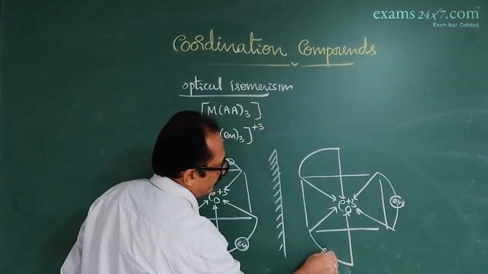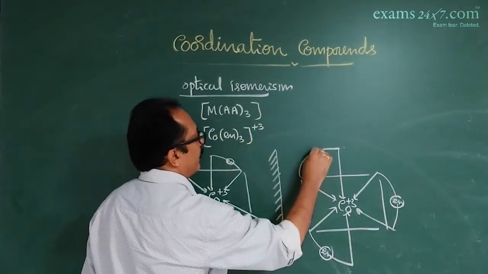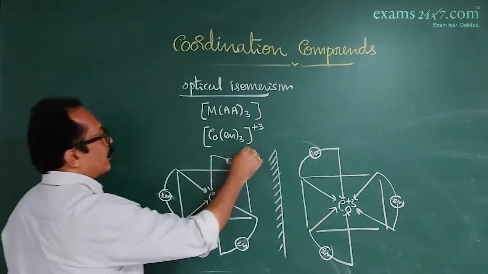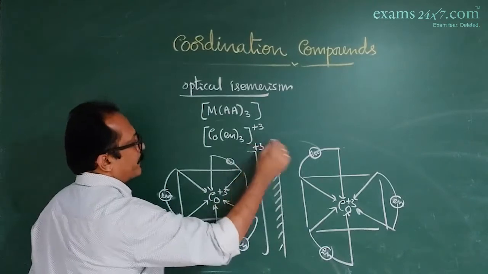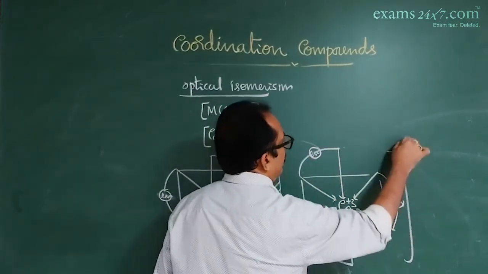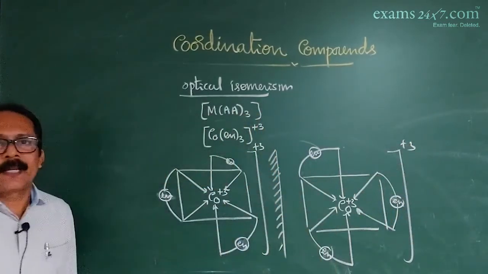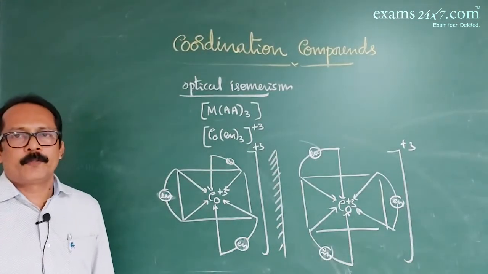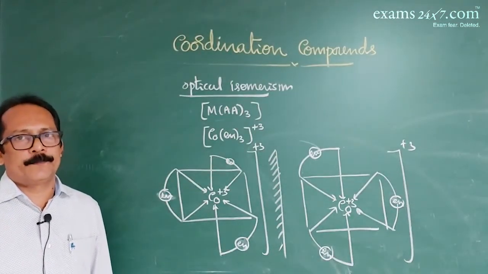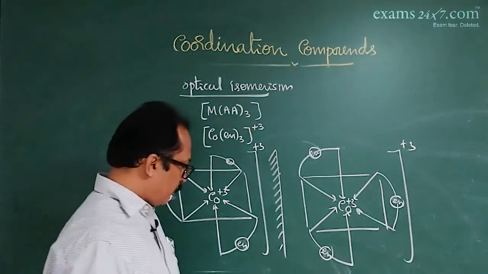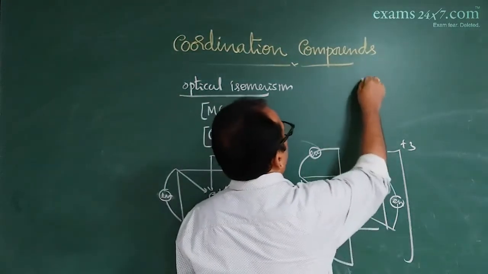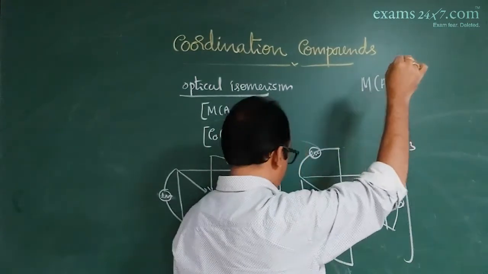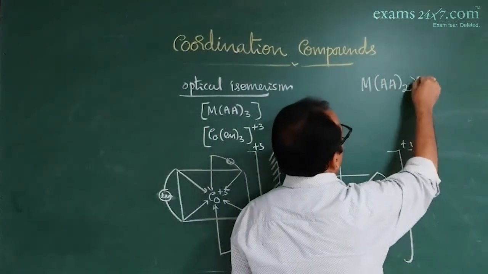Ethylene diamine, ethylene diamine, ethylene diamine. The charge on this complex ion is +3. But the mirror image is non-superimposable. Therefore, it is an example of optical isomerism. So, one more, with formula M(AA)2X2.